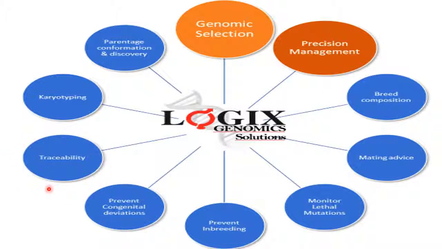Obviously, one can use this for traceability very well. It's maybe not a cheap process to do that. Karyotyping is possible, and very important, not just parentage confirmation through genomic information, but also parentage discovery. Because of the high number of SNPs as markers, this is a very accurate way of dealing with parentage in livestock.